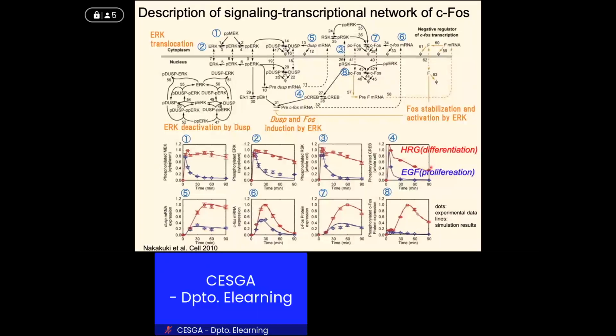But in the case of EGF, which originally shows the sustained activity of the MEK and ERK, it showed nothing in the c-Fos activity. That is very interesting because such analog information finally made a digital decision, full activation or non-activation.